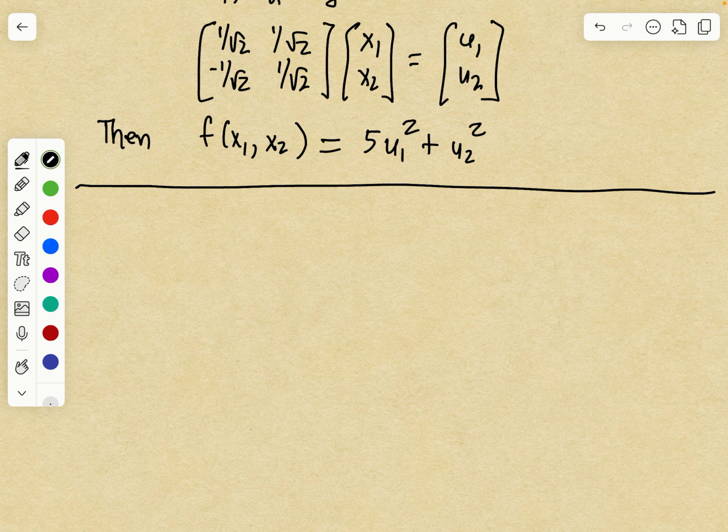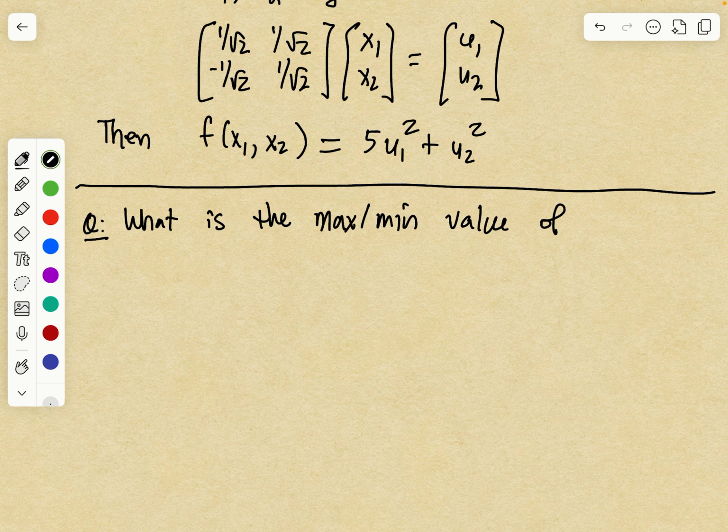However, what you can do is, what happens if you require the vector u1, u2 to be a unit vector? So the question we have is, what is the max and min value of f of x1, x2 when x1, x2 is required to be a unit vector?